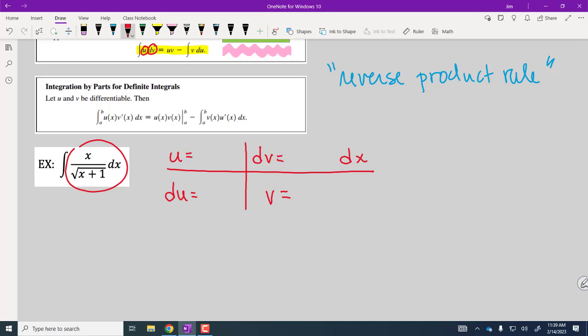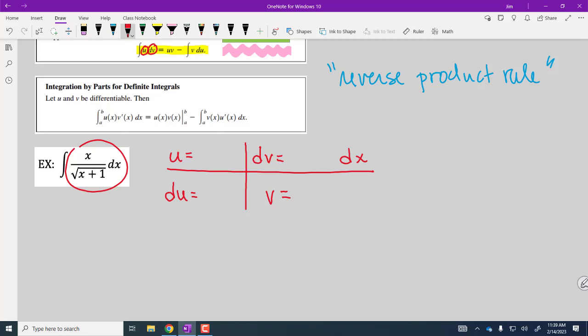Rule of thumb number one. When we put stuff for the u and the dv, notice that to get to v from dv, we have to integrate. So we want to make sure that whatever we put here is easily integrable. And over here, to get to du from u, we have to differentiate, so we want something that's easily differentiable.